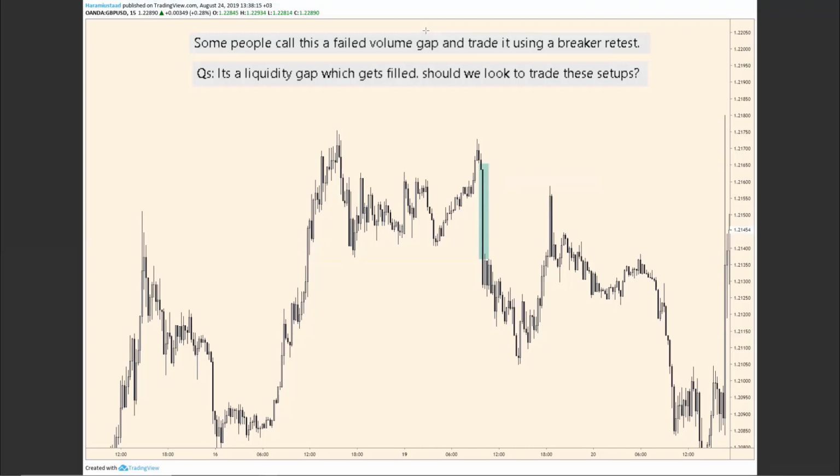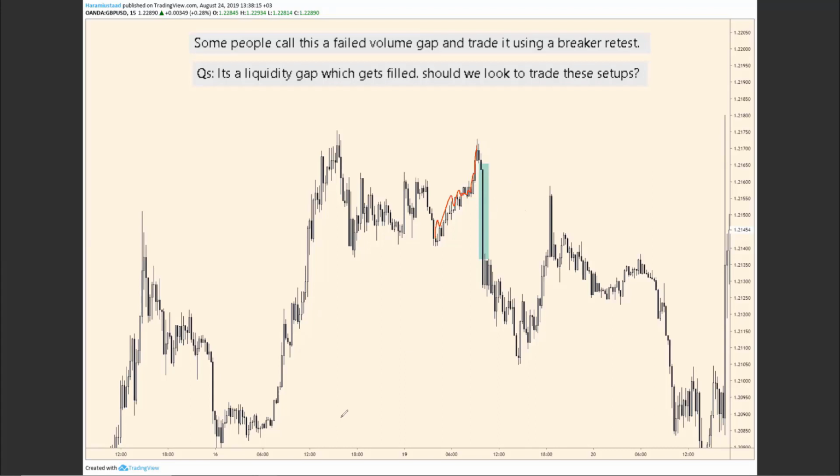Where does your stop go? If this had more substance, it would go above there. But in this case, I'd want to keep it above the high, because this doesn't really stand out to me. In this move, it doesn't look particularly significant.